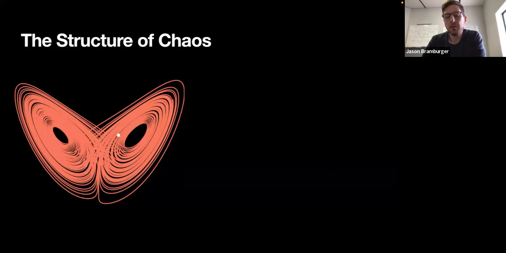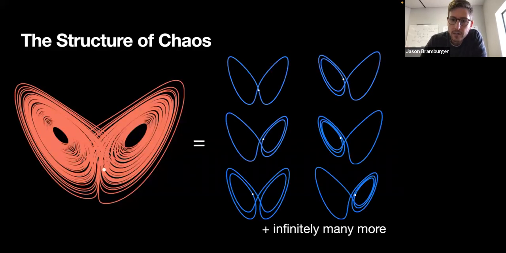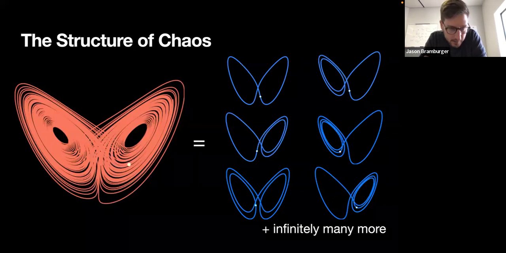But fortunately for us, decades of mathematical research has shown us that there's a lot more going on here than meets the eye. In particular, there is a structure in chaotic systems, and that structure comes in the form of infinitely many unstable periodic orbits that densely fill up this chaotic attractor.